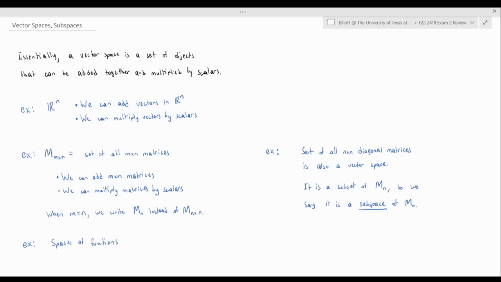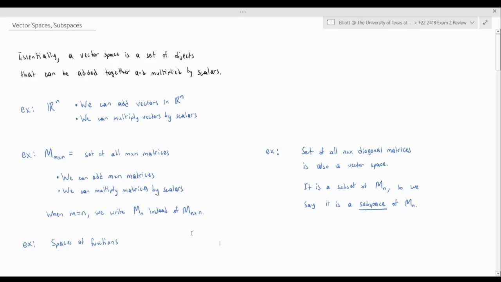Of course we can add any two vectors, and also multiply them by scalars. And the other vector space that you've had a couple problems involving is the space of matrices. Of course we can add matrices together and multiply matrices by scalars. So that's also a vector space.